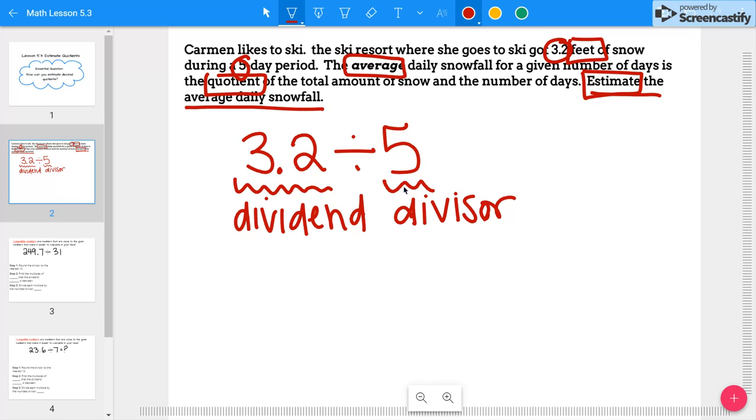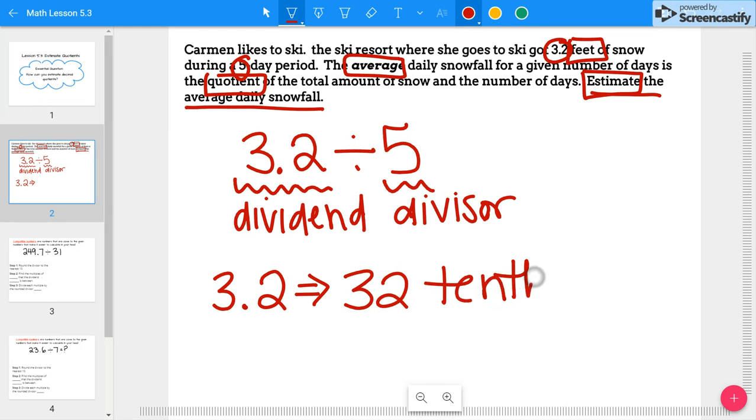So I need to think to myself, 3 2/10 is actually what in tenths? Well, I know that 3 2/10 could actually just be 32 tenths. That's what I can rename it as.